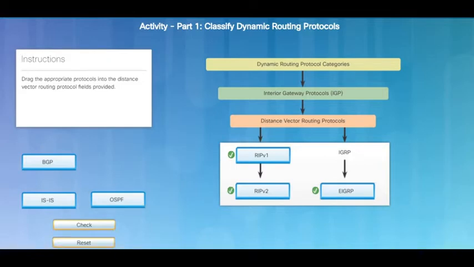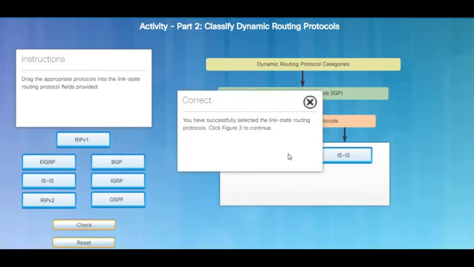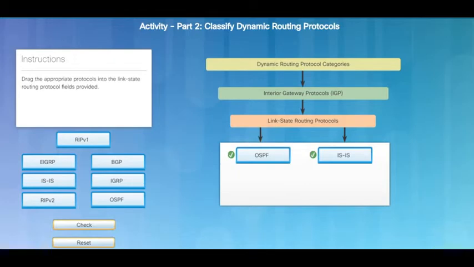Next, what about link state? Which amongst these choices is considered under link state routing protocols? We have two. We have OSPF and IS-IS. Correct. Next, what about path vector routing protocol?